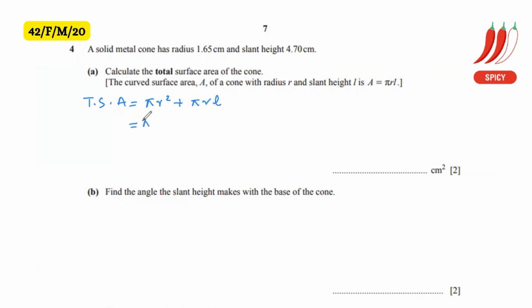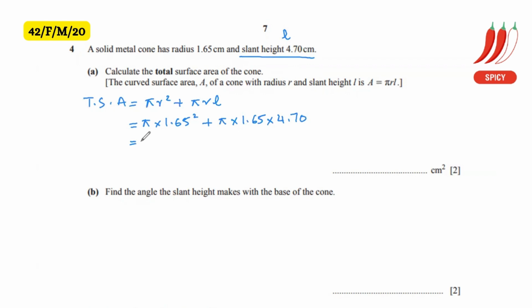So that's pi times 1.65 squared plus pi times 1.65 times L, which is 4.70. L is your slant height. H is your perpendicular height.